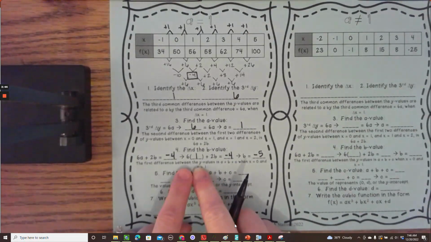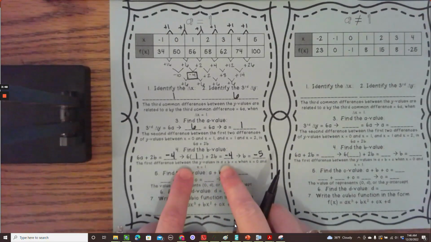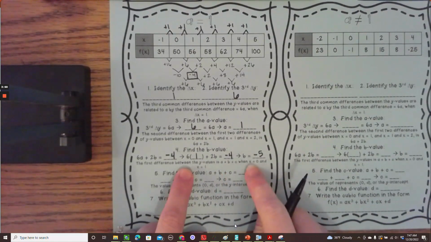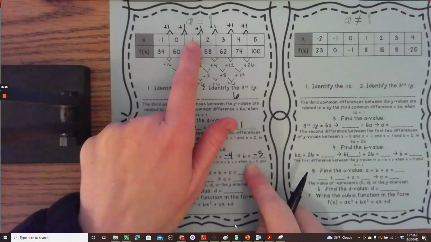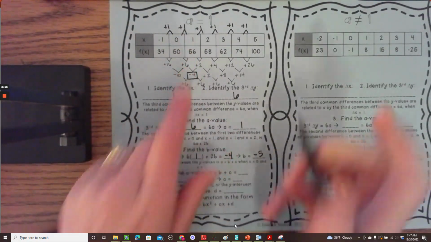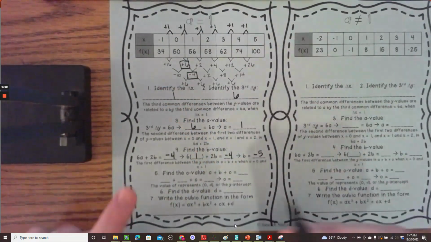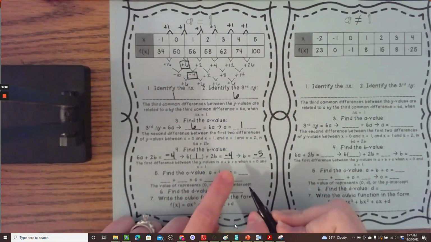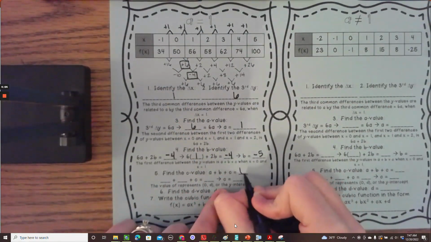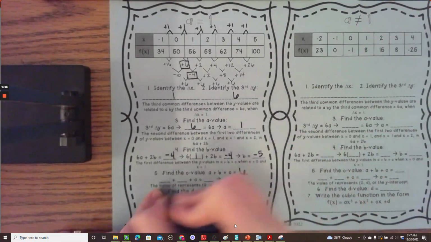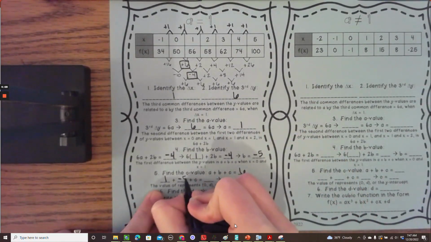All right, c value. The first difference between the y values is a plus b plus c when x equals 0 and x equals 1. That's this value. This you use for your c. So a plus b plus c equals 6. So a is 1, b is negative 5.